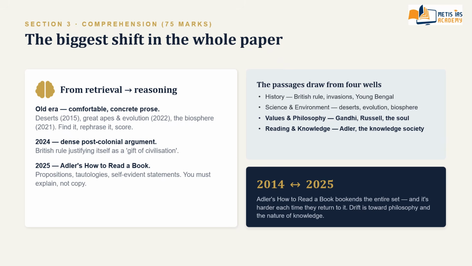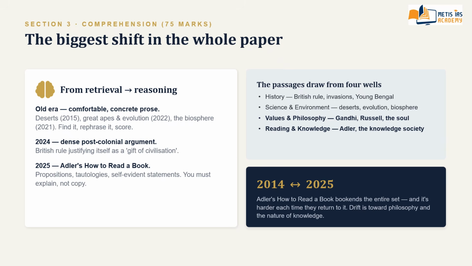So the comprehension passages draw from just four wells. That is history, science and environment, values and philosophy, reading and knowledge. History: British rule, medieval invasions, Young Bengal.